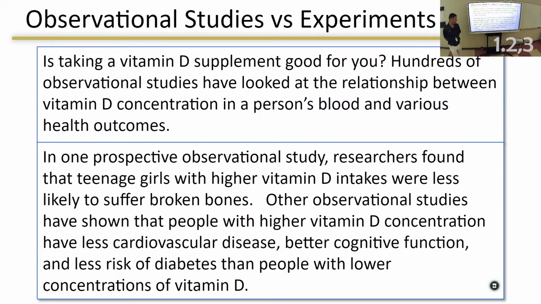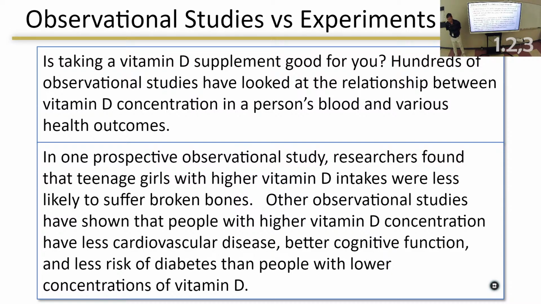Other observational studies have shown that people with higher vitamin D concentration have less cardiovascular disease, better cognitive function, and less risk of diabetes than people with lower concentrations of vitamin D. So all they're doing is showing some type of a relationship between these.